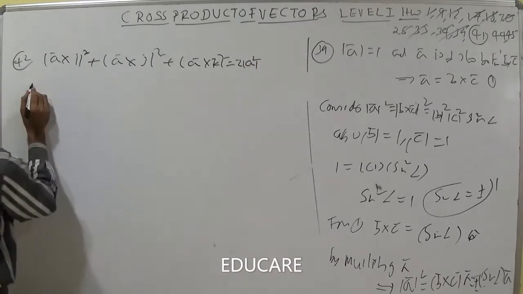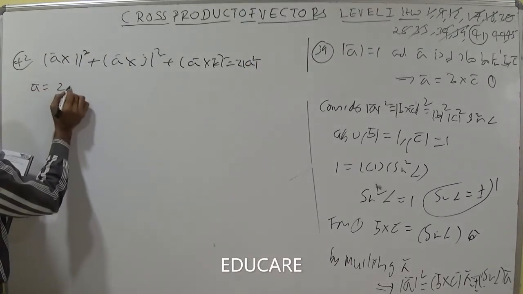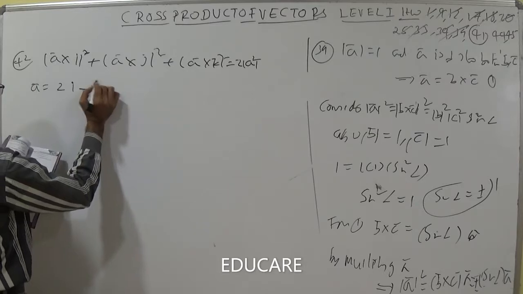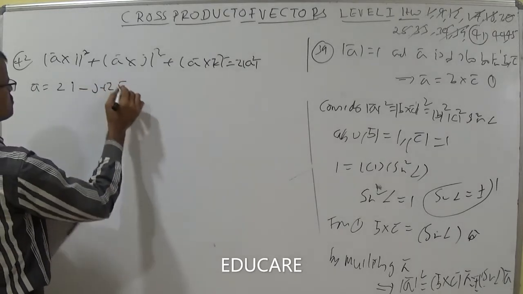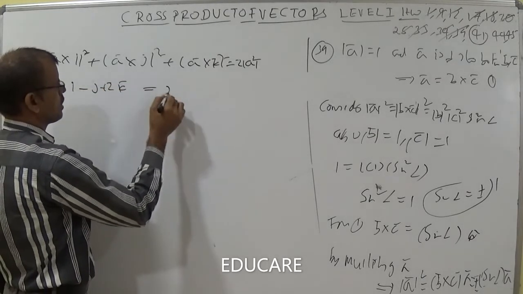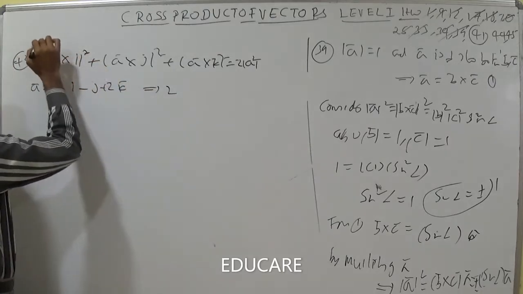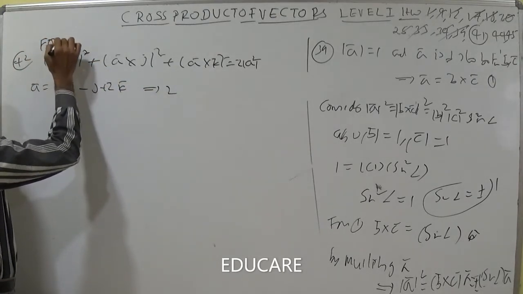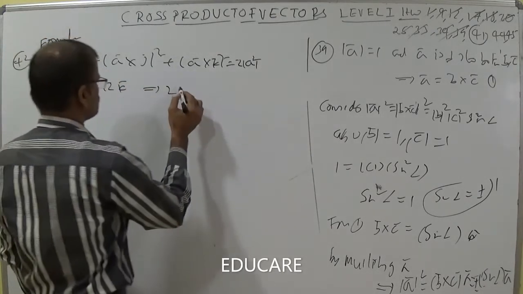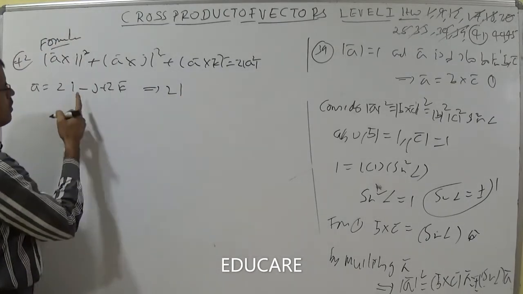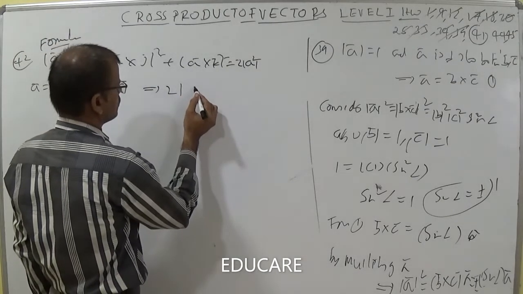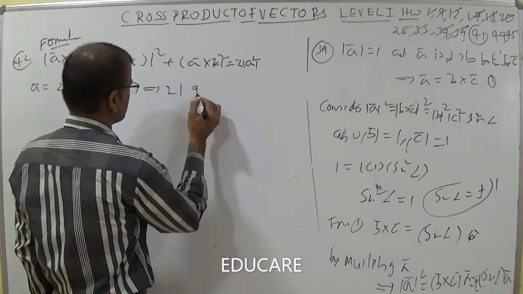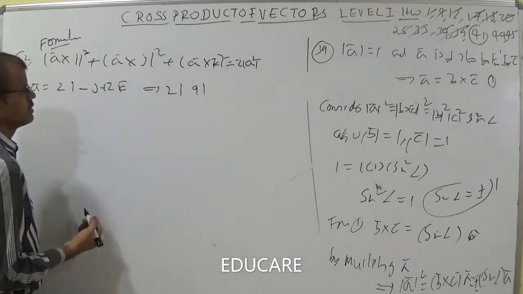So what is the value he has given here? A is equal to 2i minus j plus 2k. That implies 2 into mod A square, 4 plus 1 plus 4, 9. This is mod square.